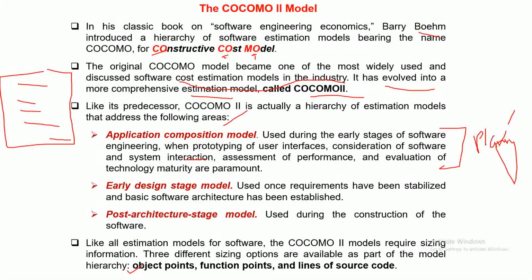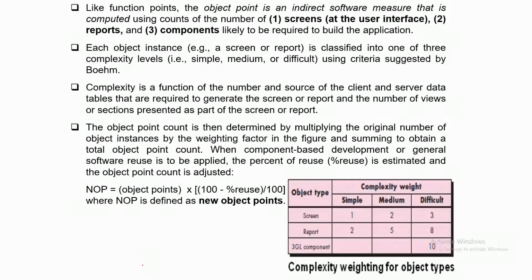Like when you calculated the function point, we discussed 5 different factors: number of inputs, number of outputs, number of external inquiries, number of internal or interface files, and number of output reports. We have one complexity factor associated with these, whether it is simple, medium, or complex, and then we calculated function point based upon the function point calculation formula.